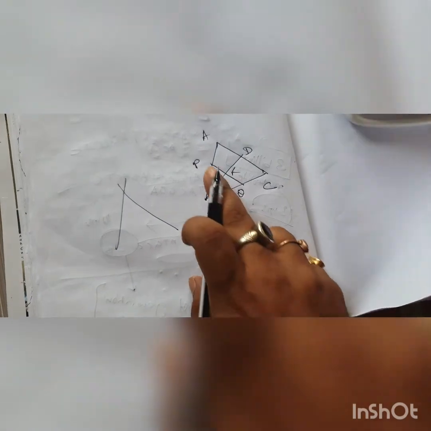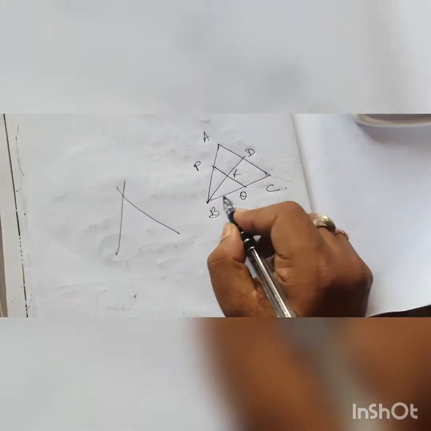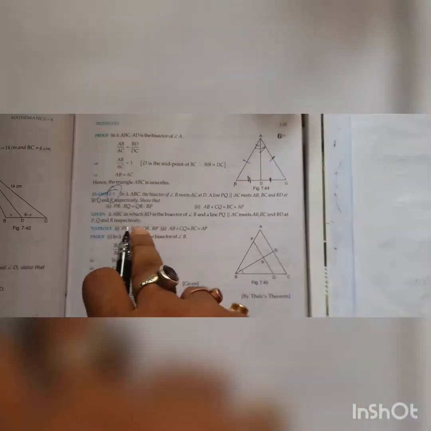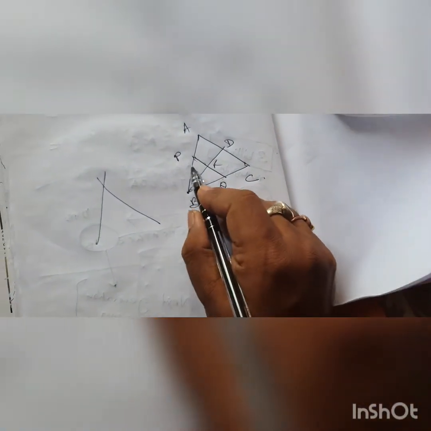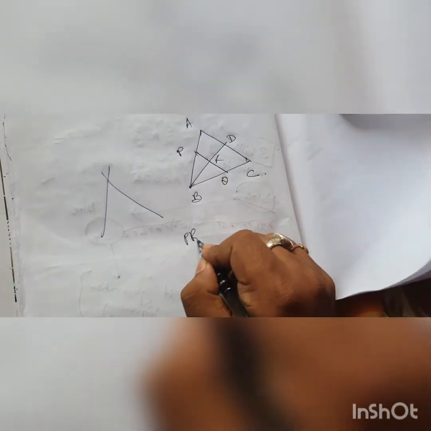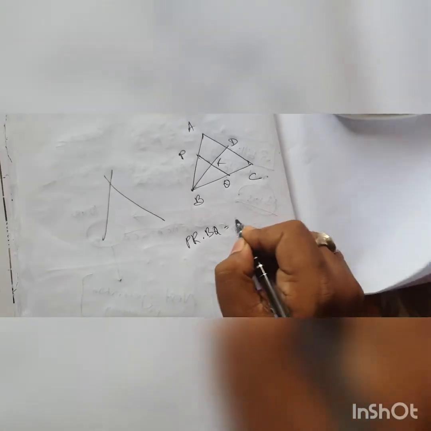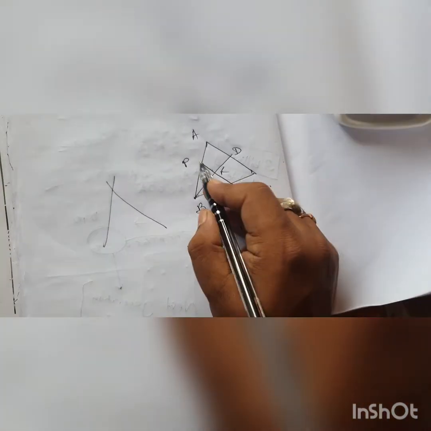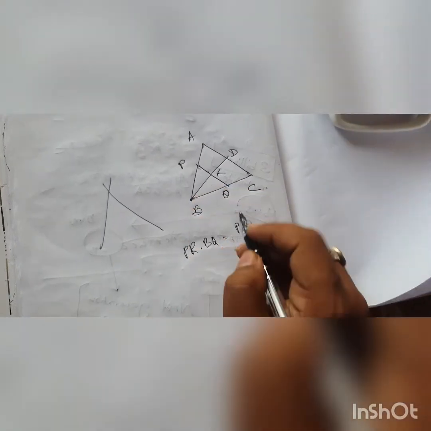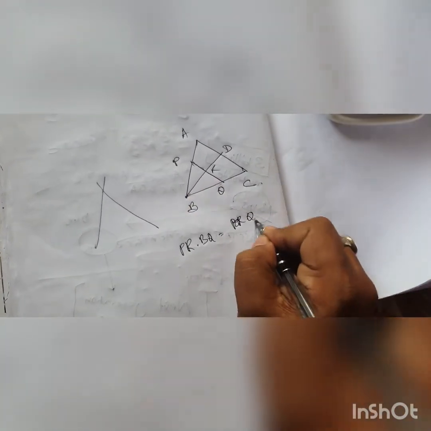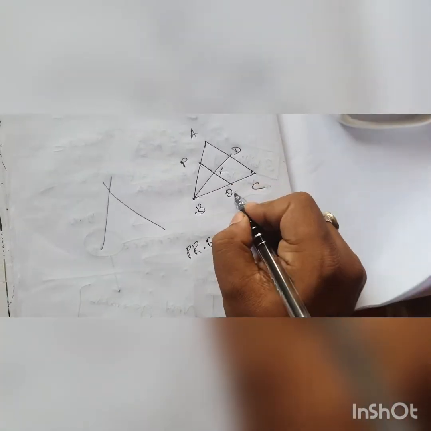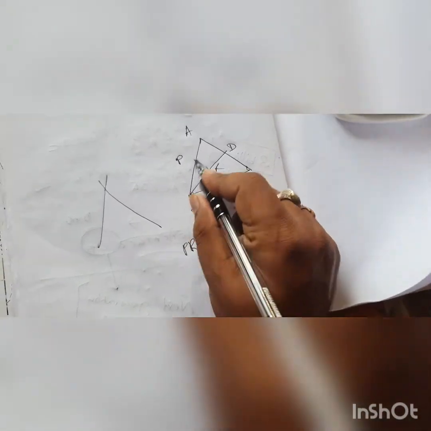PR dot BQ is equal to QR dot BP. This is QR dot PB.